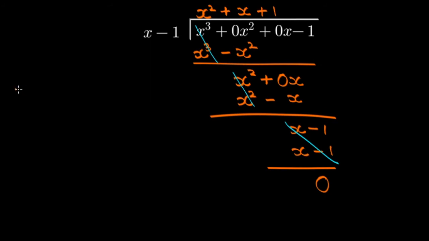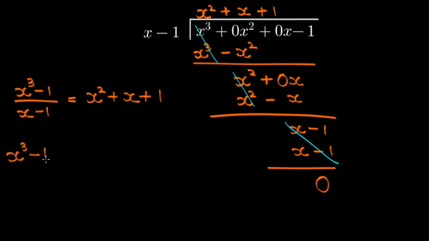So we've shown that x cubed minus 1 divided by x minus 1 is equal to x squared plus x plus 1. And so if we multiply both sides by x minus 1, then we have shown that x cubed minus 1 can be factorized as x minus 1 times x squared plus x plus 1.